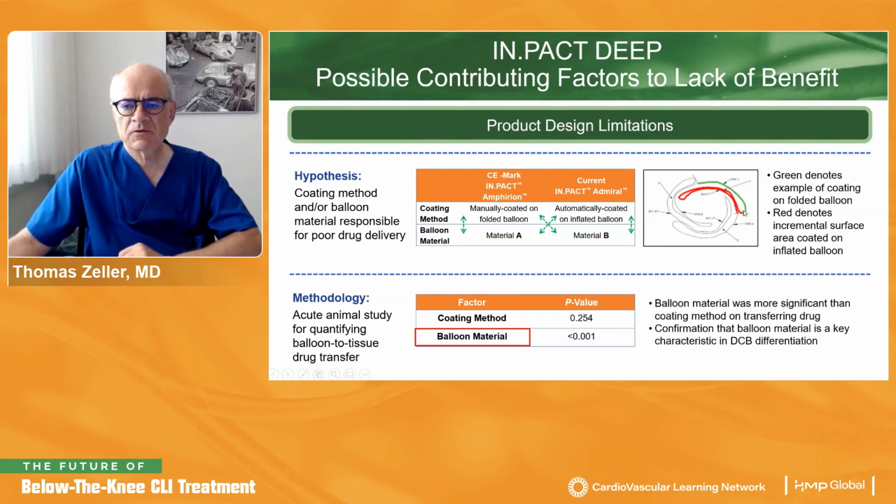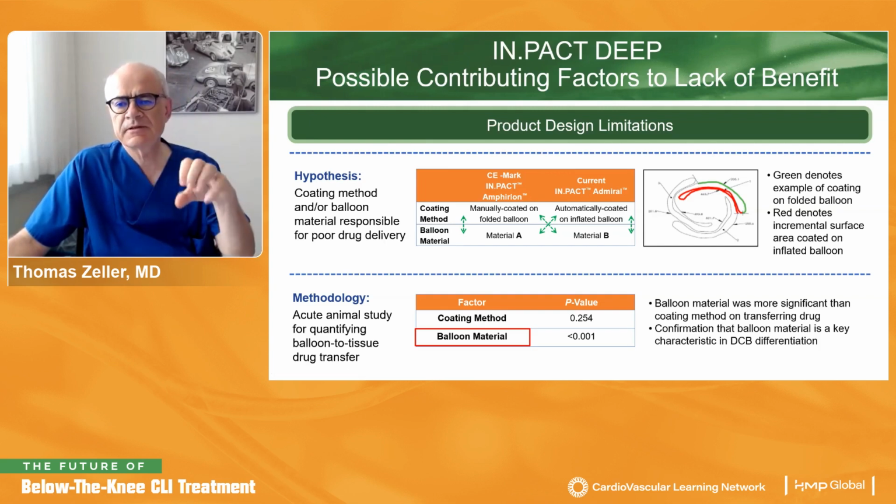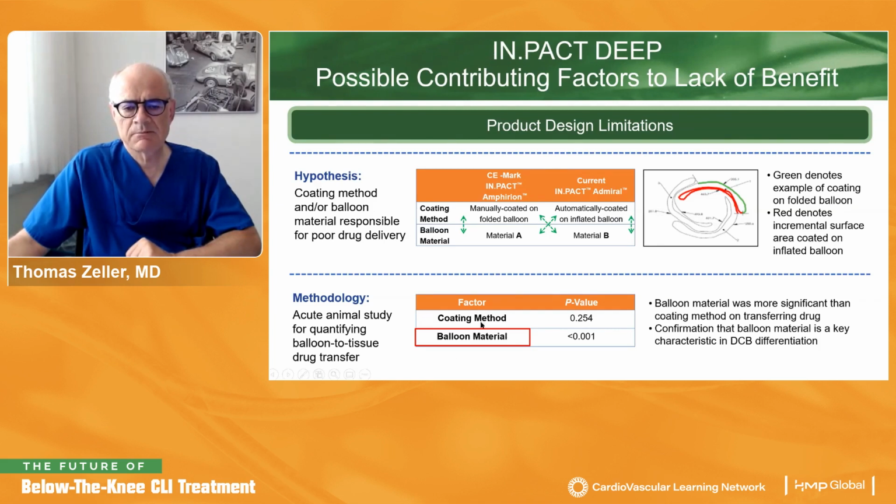The IN.PACT Amphirion was coated in a folded version, so that means only outside of the folded balloon the drug was located, whereas the IN.PACT Admiral balloon is coated in an expanded version and then refolded so that the entire balloon surface is coated with the anti-proliferative drug. However, what has been shown was that the major driver of the loss of biological efficacy of the IN.PACT Amphirion balloon was the balloon material.